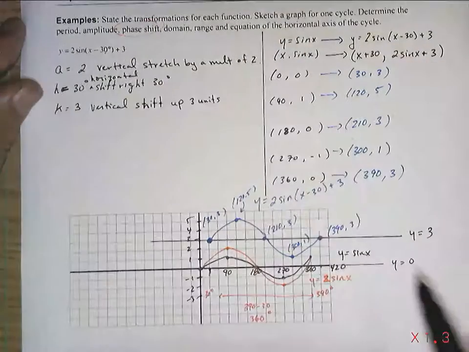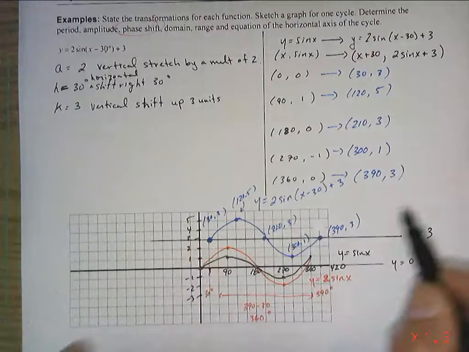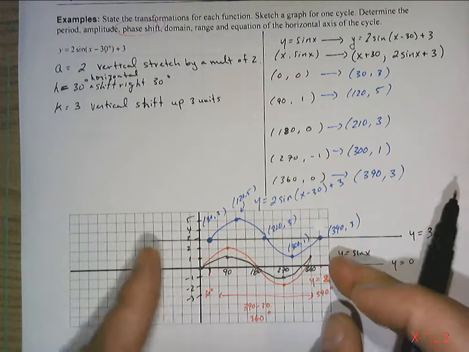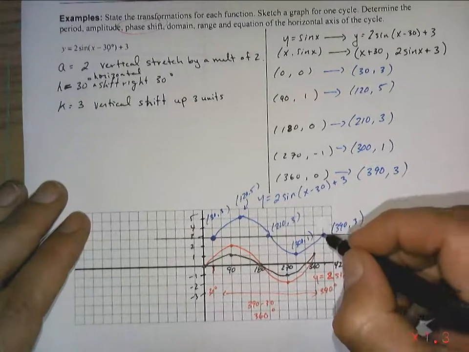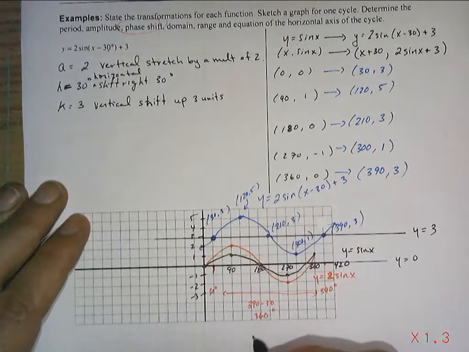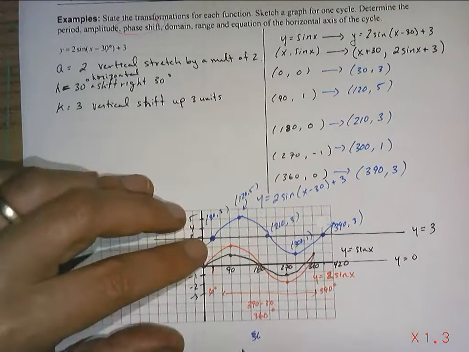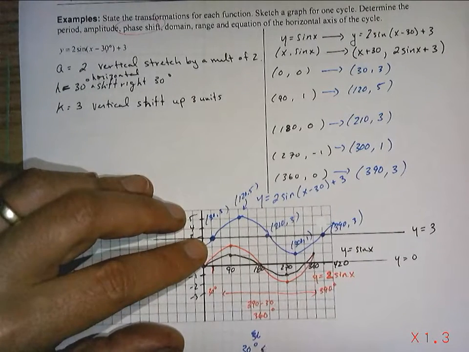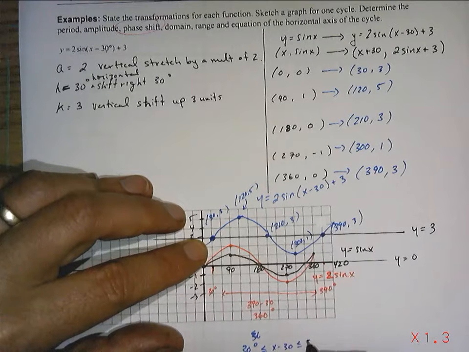The domain is really anything. It keeps going in both directions. So ideally, this would keep going and going. But because they asked for only one wavelength, you could argue that the domain is just the period. Well, no. You would say that the domain goes from 30 degrees to 390 degrees.